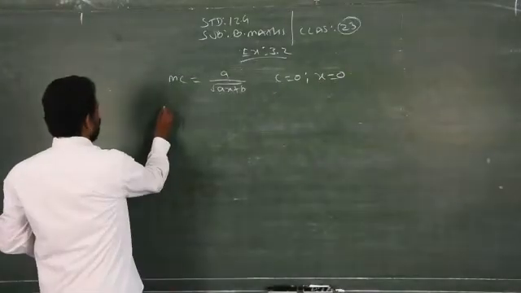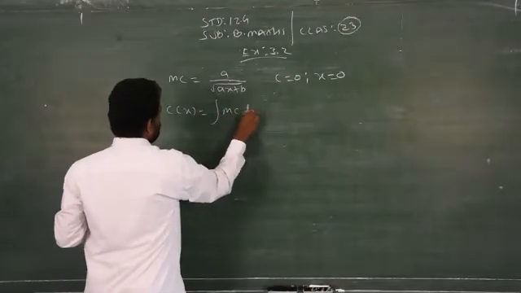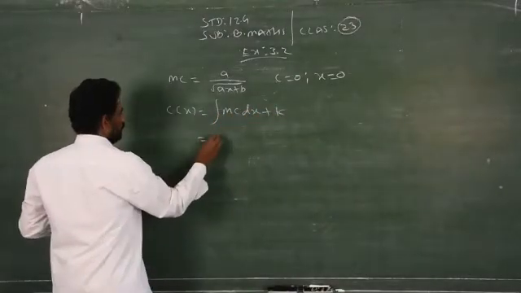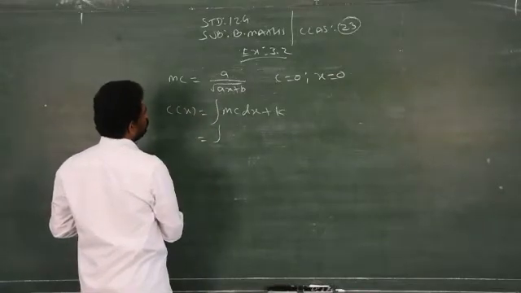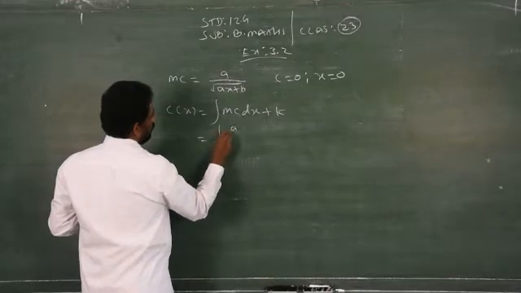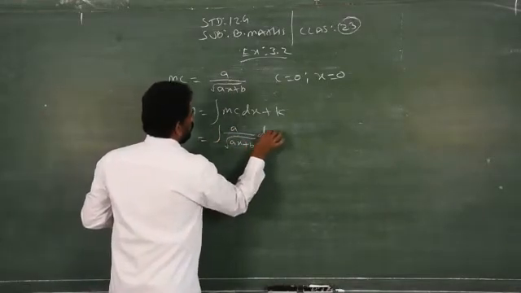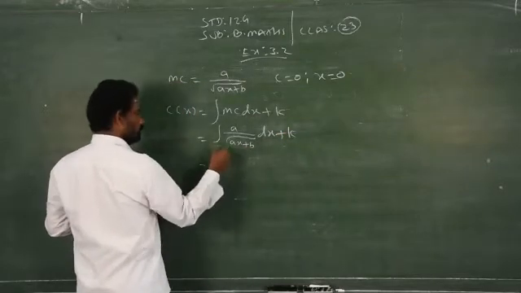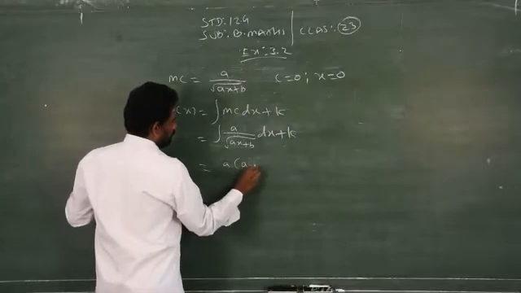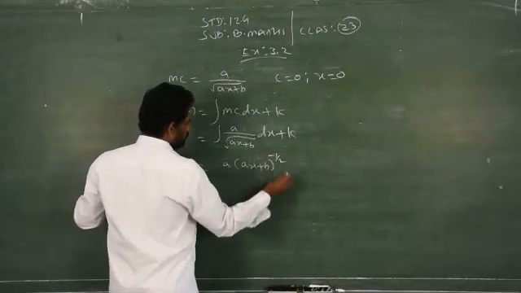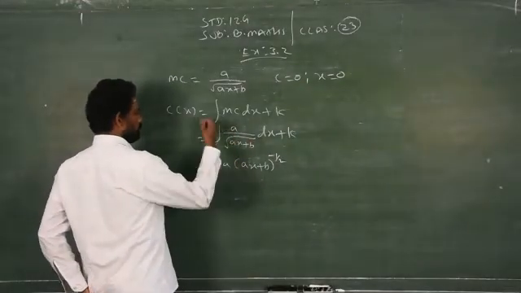Now you can find the cost function by using the formula integral of MC dx plus k. It is indefinite, there is no limit given for x. So, integral of A by square root of AX plus B, plus k. You can bring it to the numerator, that is A into AX plus B power minus 1 by 2. This process you know very well, or you can do it without this process.